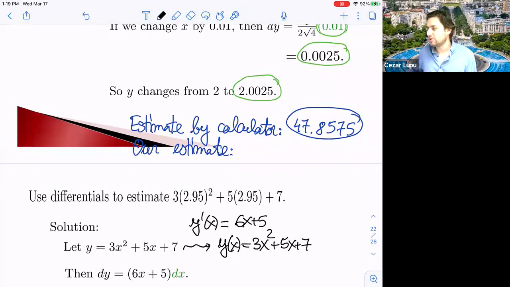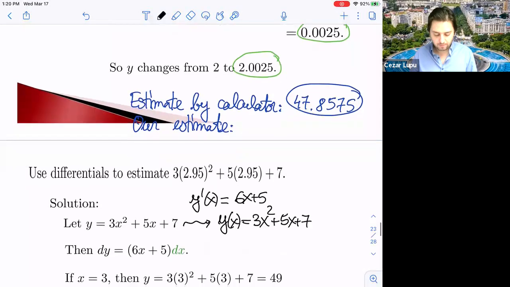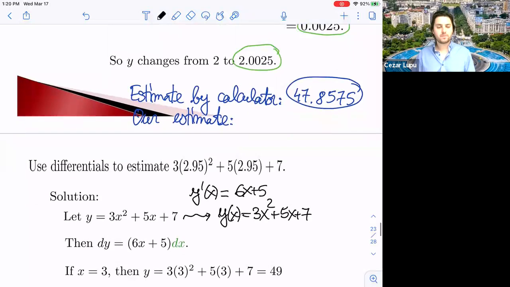And now we would like to see the change. So let's see. 2.95, the closest integer to this number is 3. So we would like to see what happens when x equals 3. So at x equals 3, we will have that y is 3 times 3 squared, right? We're just going to replace, y of 3.